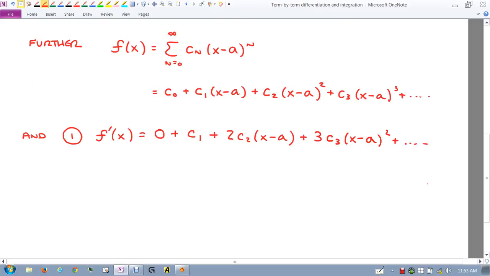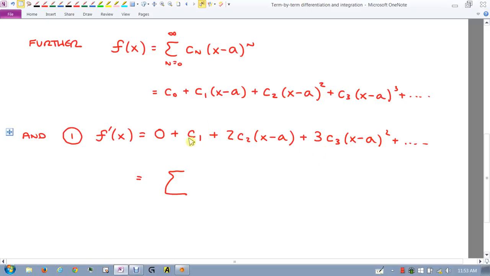I would like for you to now write this as a power series. So tell me what's happening. Let's look at the C's. I start out with what? C sub 1, C sub 2, C sub 3, right? So it's like just going up, C1, C2, C3, C4.